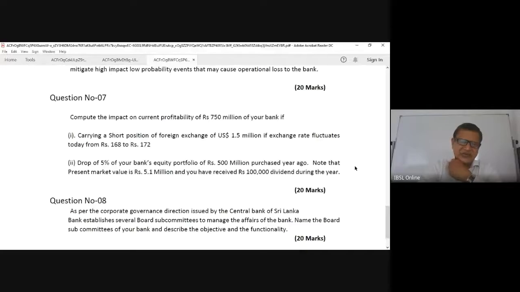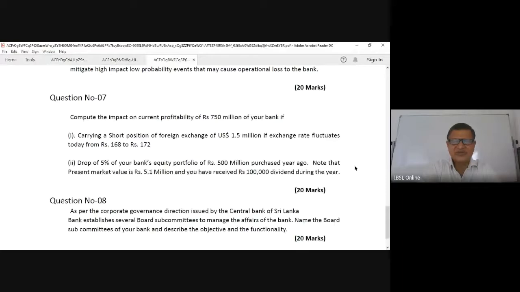If these scenarios occur, what will happen to your current profitability is the question. The first scenario says carrying a short position of foreign exchange of 1.5 million, if the exchange rate fluctuates from today's 168 to 172.